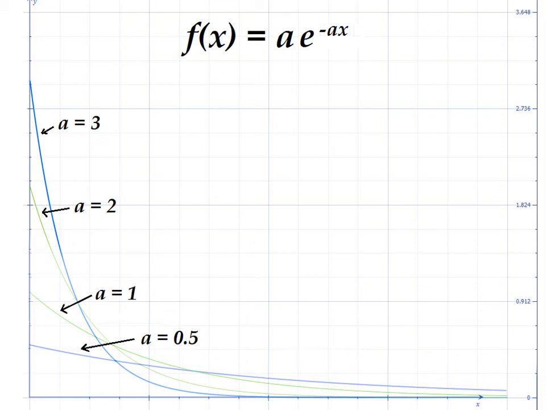As a increases, for example, if a equals 3, we have this, and as a gets smaller, a equal 2 begins to flatten out, and over time as a gets smaller and smaller towards 0, we see that it flattens out even more.